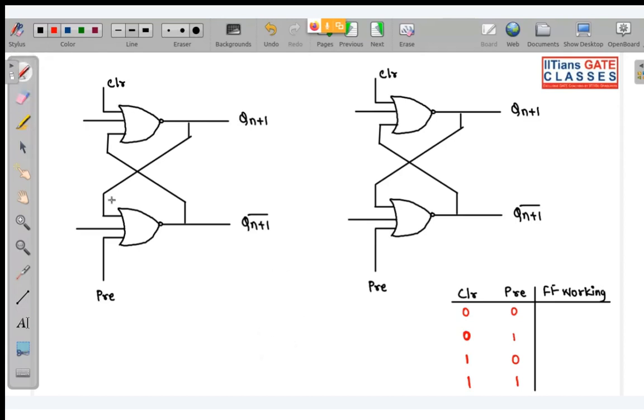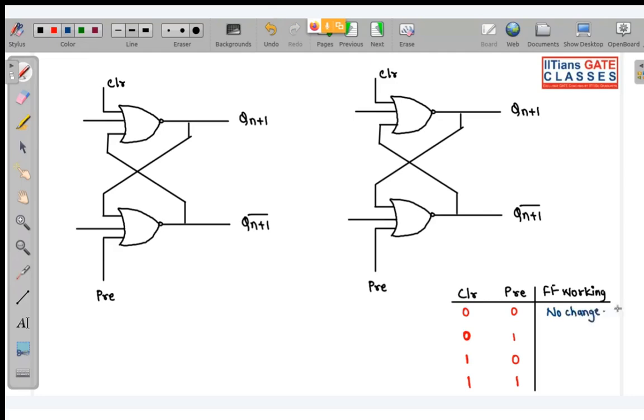When clear is 0 and preset is 0, the latch will work in its normal mode. Whenever it is 0, the latch has to check the other inputs. So basically the flip-flop will be in hold state, with no change.